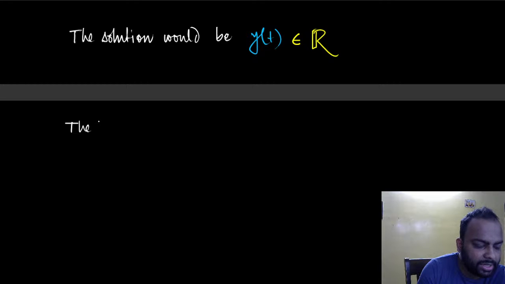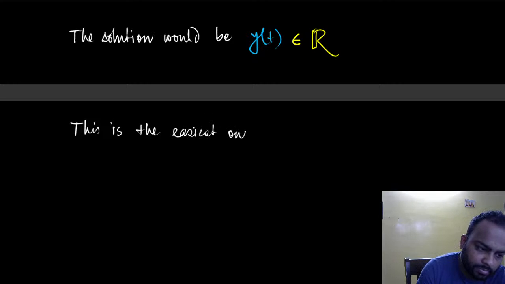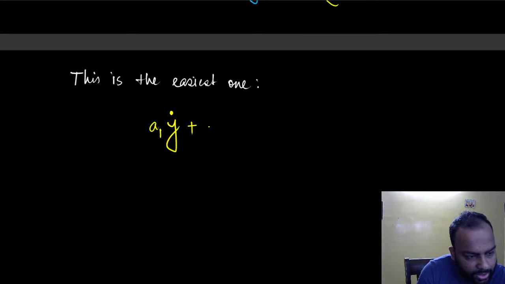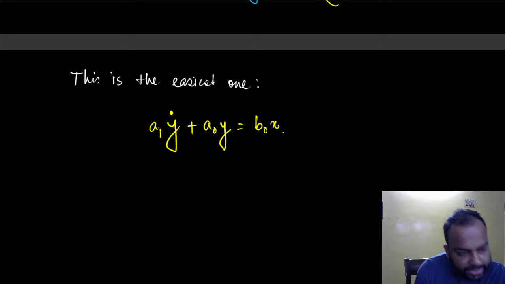This one is the easiest one. If I give you a system that has a differential equation that looks like this, a1 y dot plus a0 y equal to b0 x.